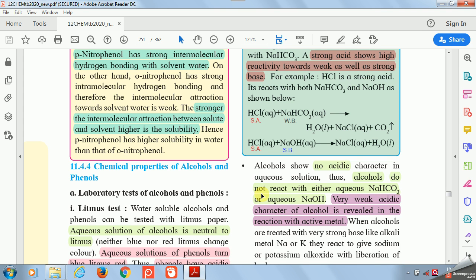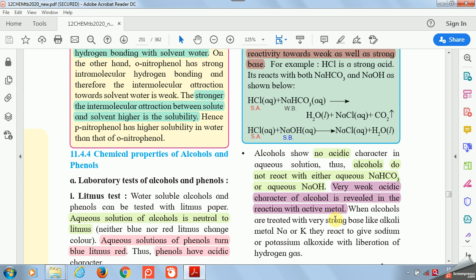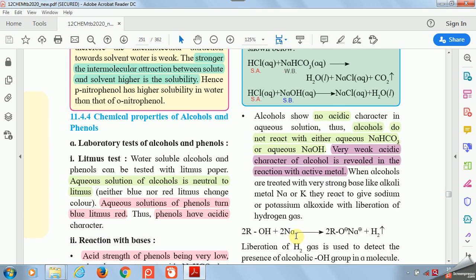It shows neutrality towards the base, so it does not react with aqueous sodium bicarbonate and aqueous sodium hydroxide, NaHCO3 and NaOH. So the very weak acid character of alcohol can only react with active metals such as sodium.